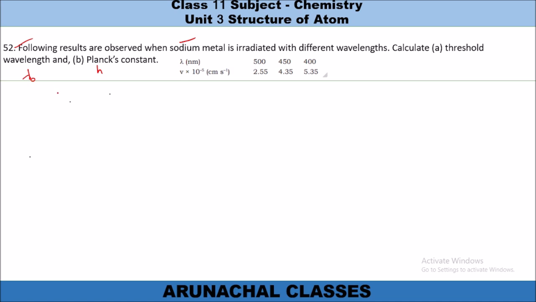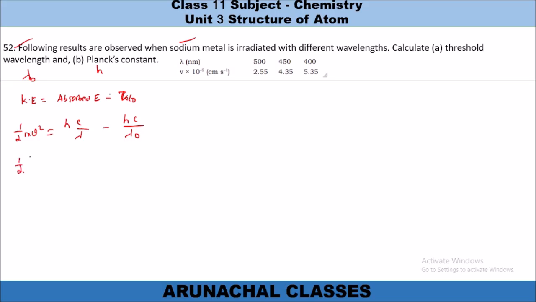So we know that the kinetic energy of the photoelectron is equal to the absorbed energy minus the threshold energy, that is the work function. So we will put the values here. Absorbed energy means h nu, so h nu means hc upon lambda, minus hc upon lambda naught. Here kinetic energy is half mv square.